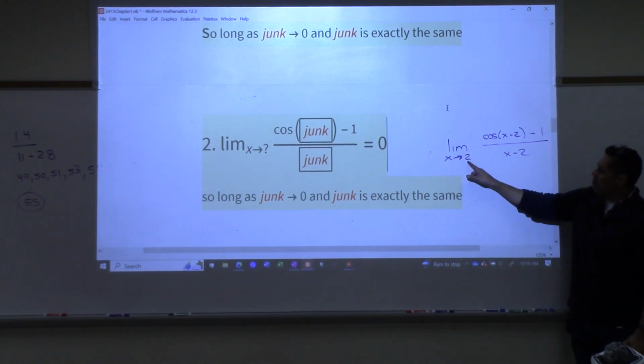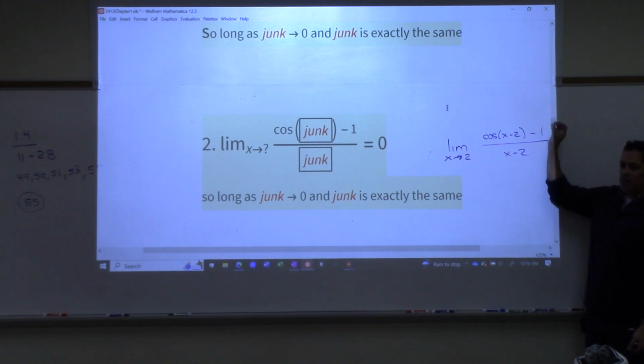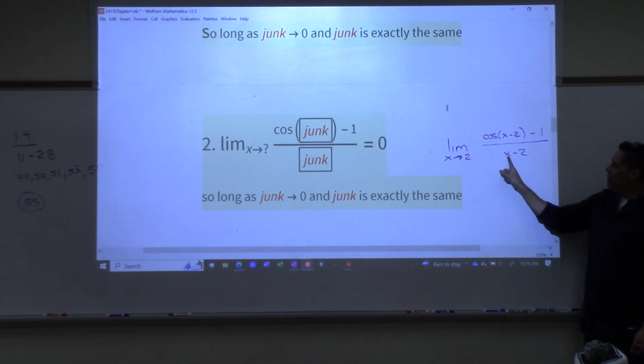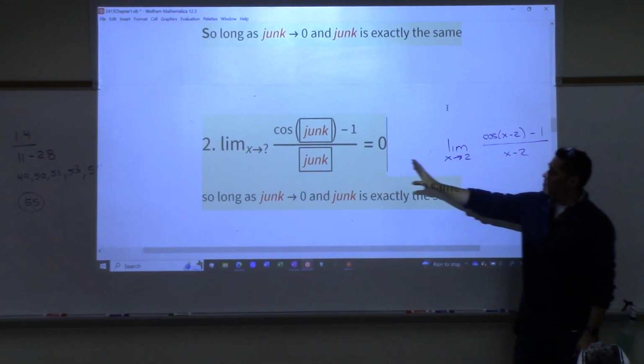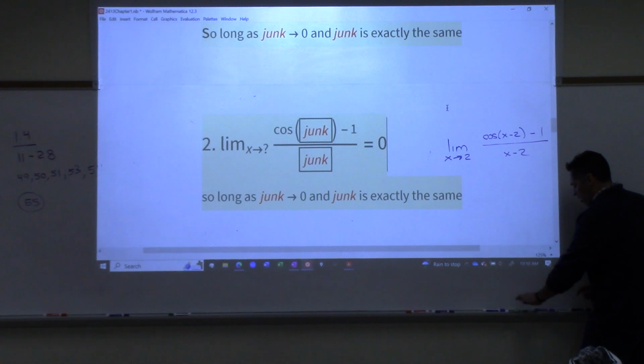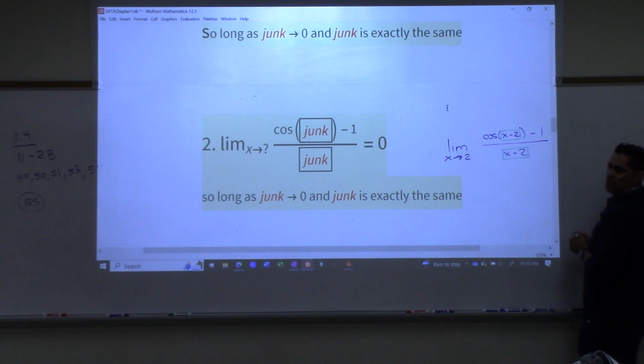Let's let x go to 2. What's 2 minus 2? 0. What's cosine of 0? 1. 1 minus 1 is 0. So we get 0 on top, and then 2 minus 2 is 0. So we get 0 over 0 here, right? But according to this, as long as this junk matches this junk, right? They do match.